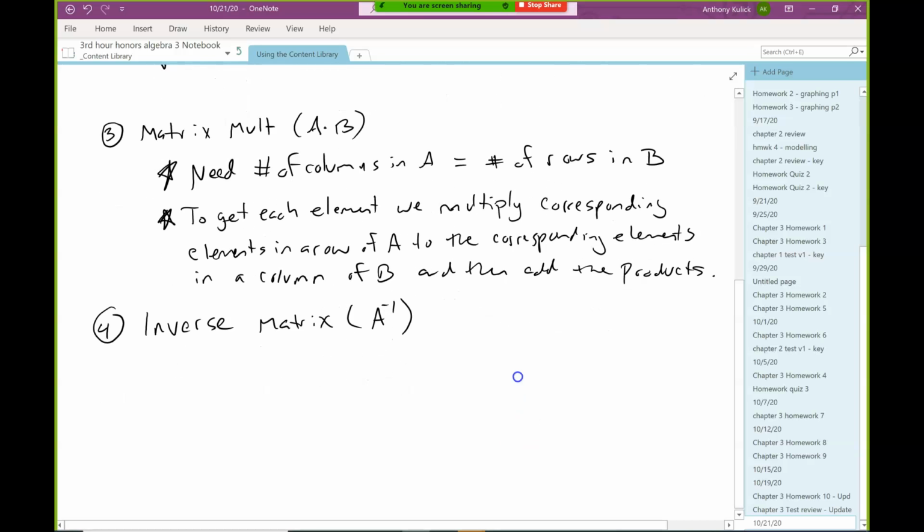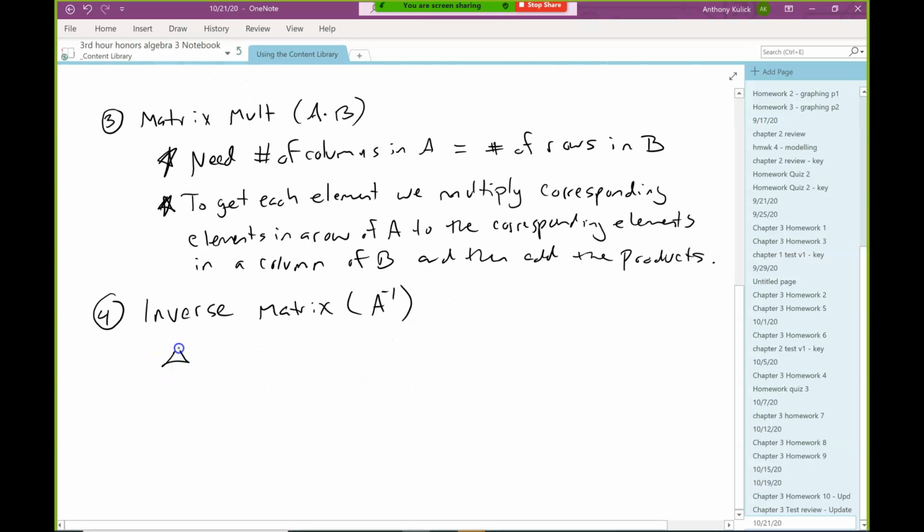Okay. So to be able to do this, we need a square matrix. And, oh, did we define that yesterday? We didn't. We're going to do this in a second.